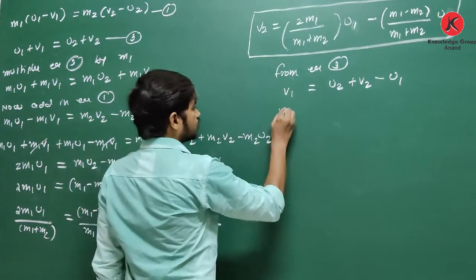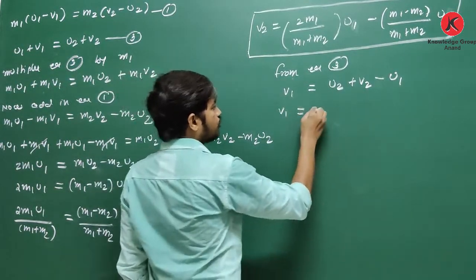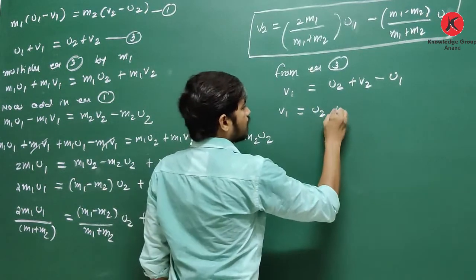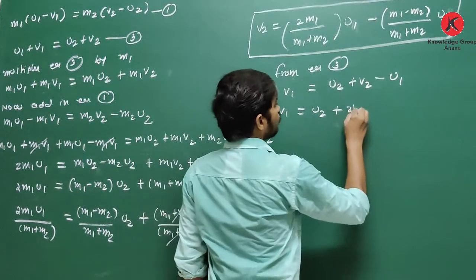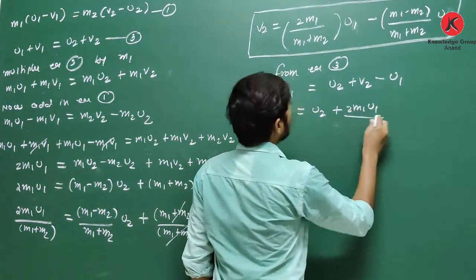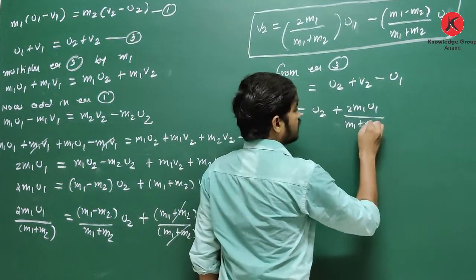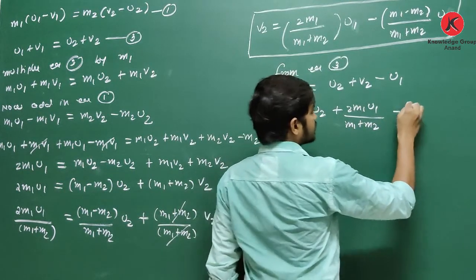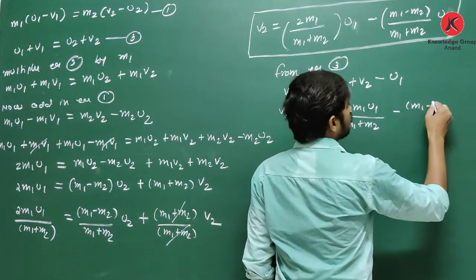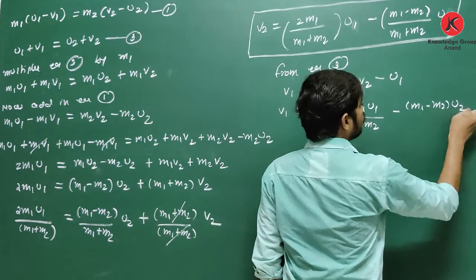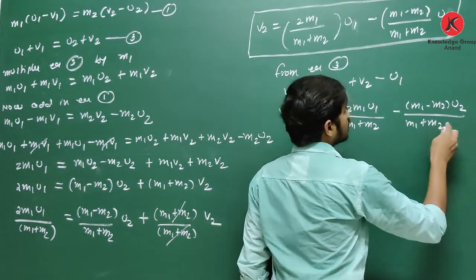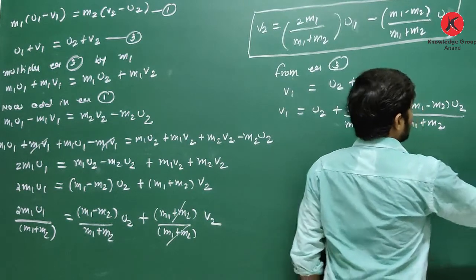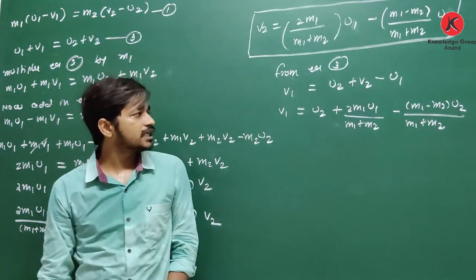V1 is equal to U2 as it is, plus what is the equation of V2? This whole equation, that is 2 M1 U1 upon M1 plus M2 minus (M1 minus M2) U2 divided by M1 plus M2, minus U1.